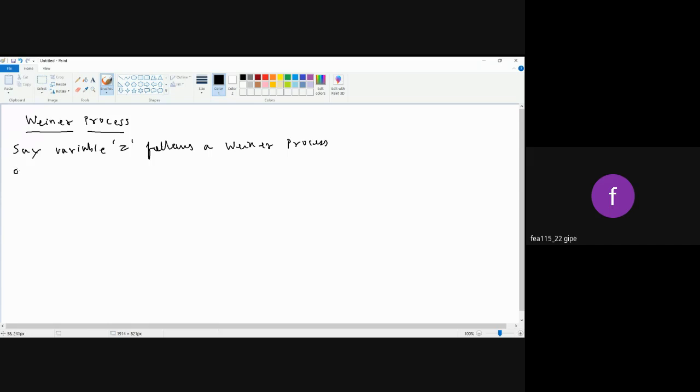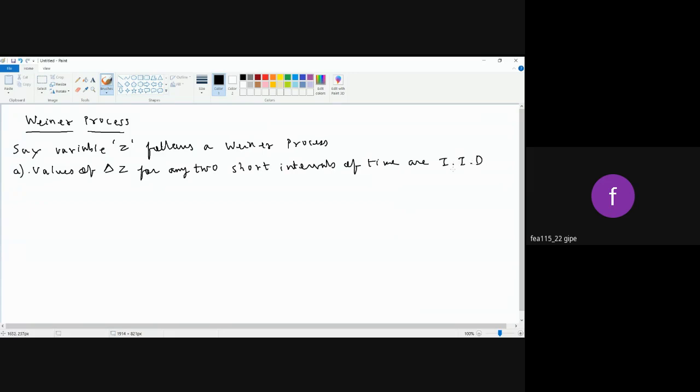Firstly, the increments or the change in z, that is, the values of delta z, where delta z is the change in z, for any two short intervals of time are IID.